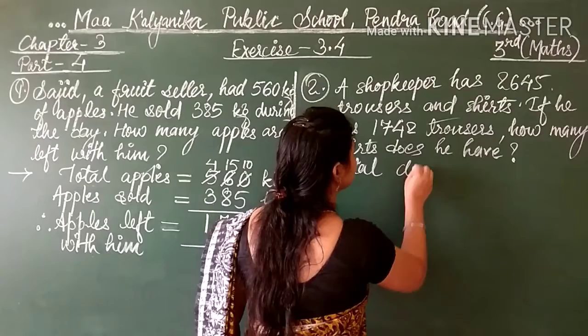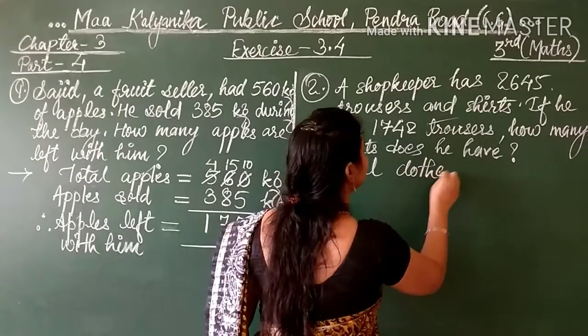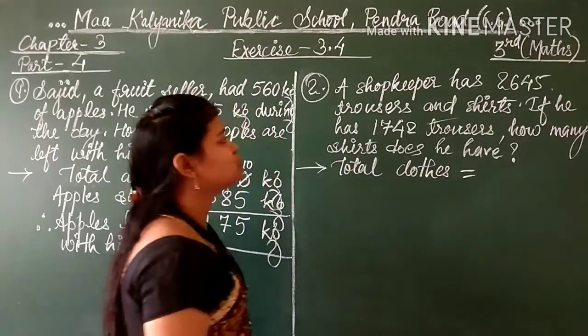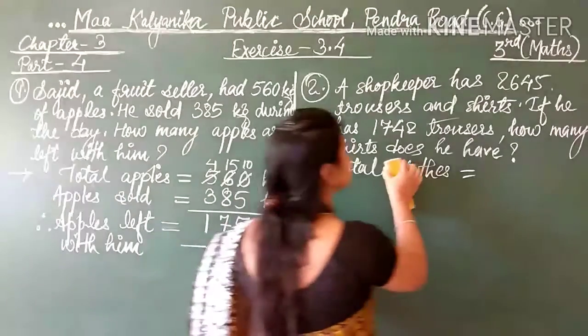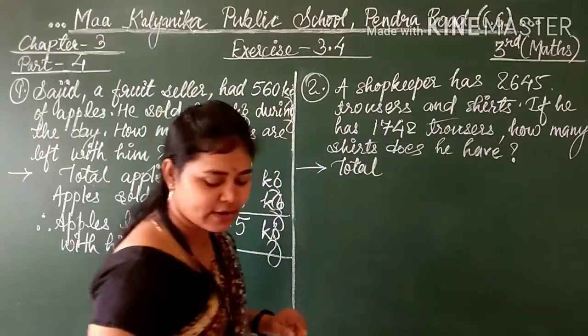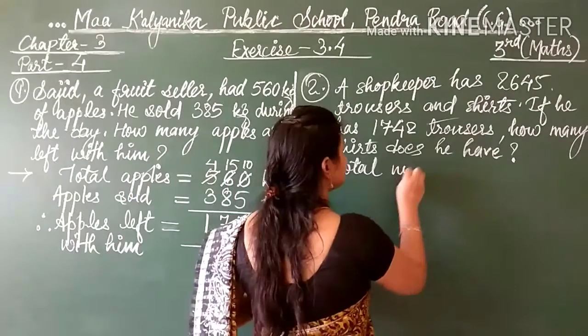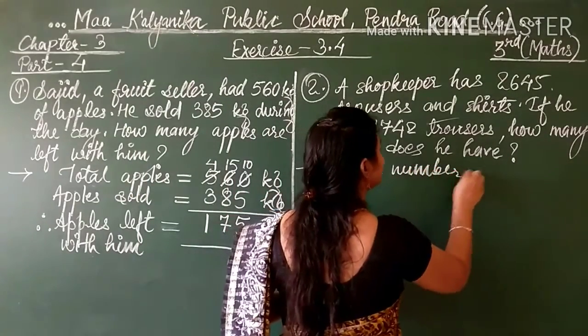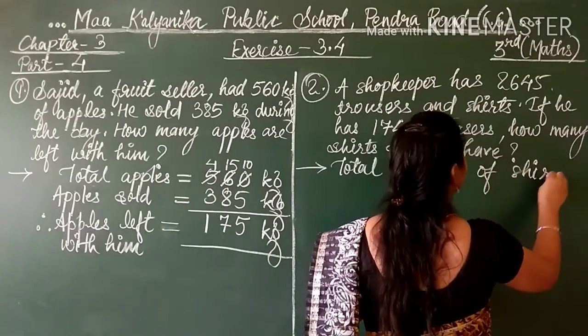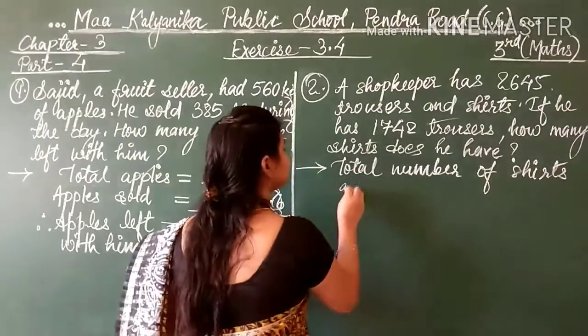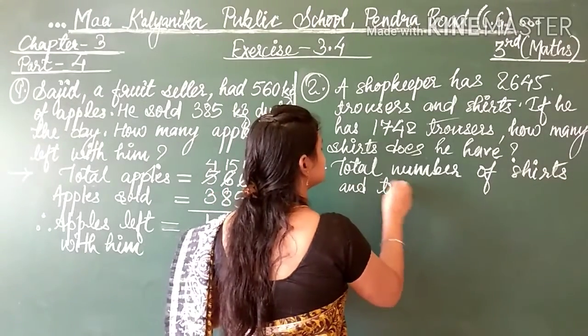So simply total clothes. Why I am writing clothes, students? Because total number of shirts and trousers is given. You can write total number of shirts and trousers. Okay.